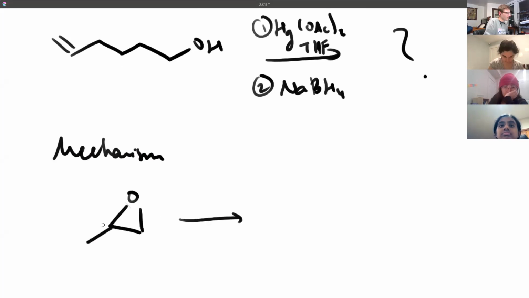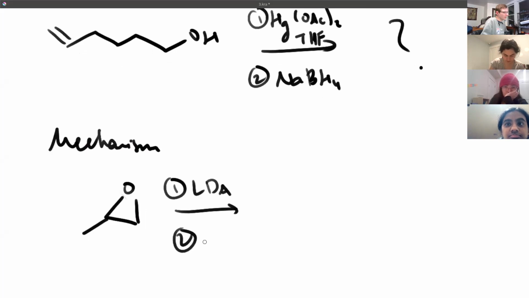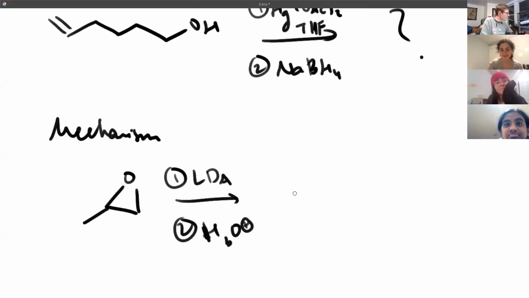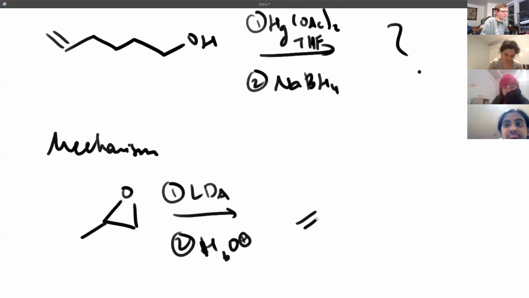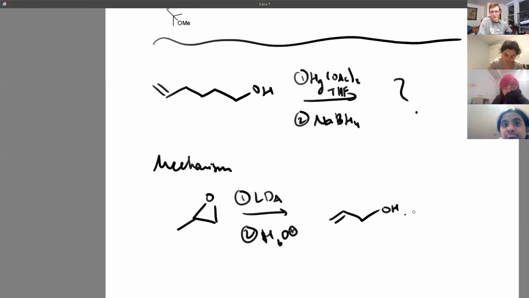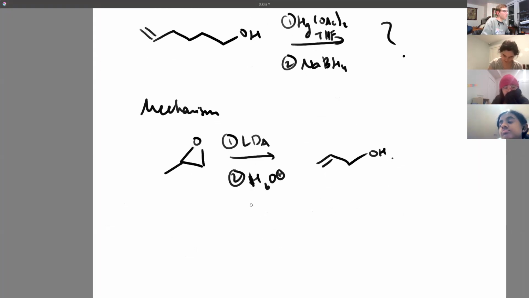Oh yeah, we got epoxide, so we're starting out really good, right? And just to throw you off, I'm going to give you a compound that you might not see that often, LDA, but you have seen it, so it's fair game. So there's LDA and there's this H3O plus, and the final structure that you make is this. Okay. So that's going to be fun for you.